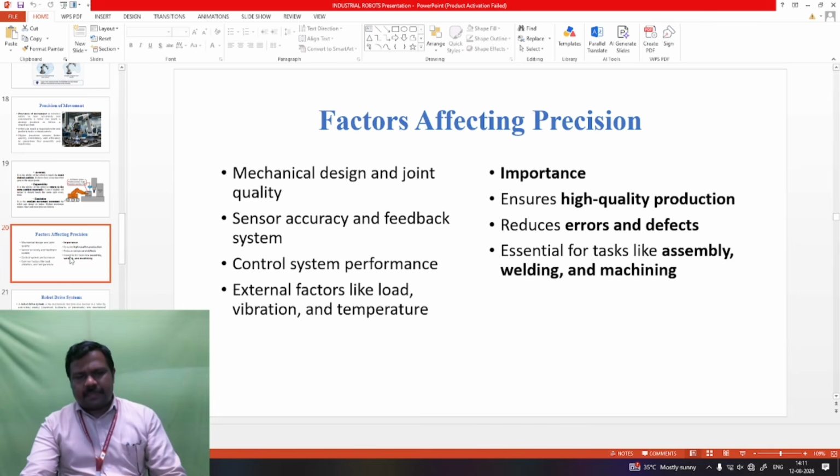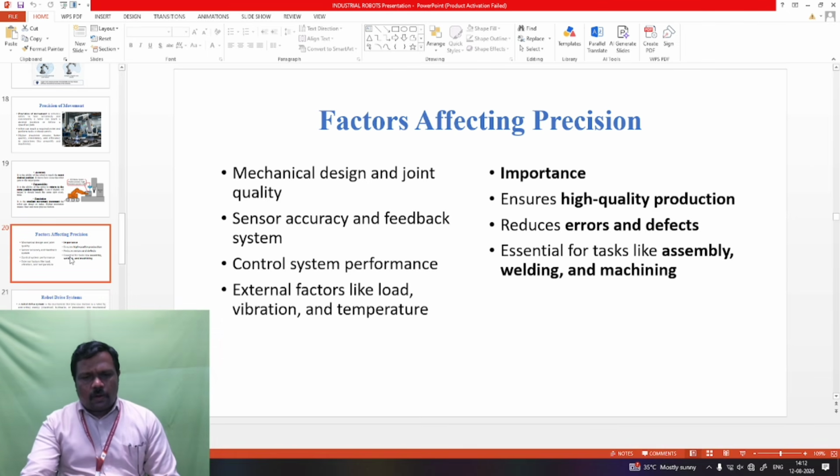Factors affecting the precision: the mechanical design and joint quality. So if we improve the quality of design, the robot can move very quickly. Then sensor accuracy and feedback systems. Then the control system performance.